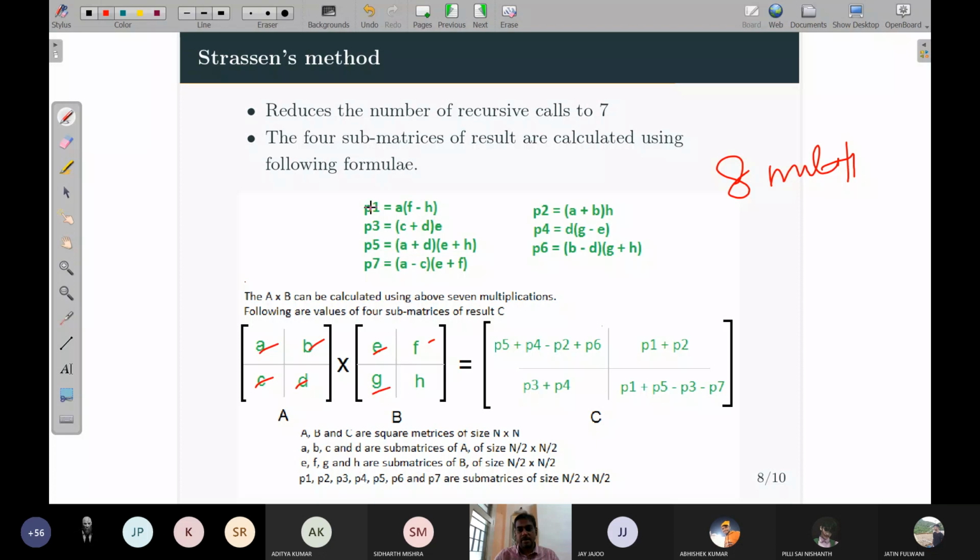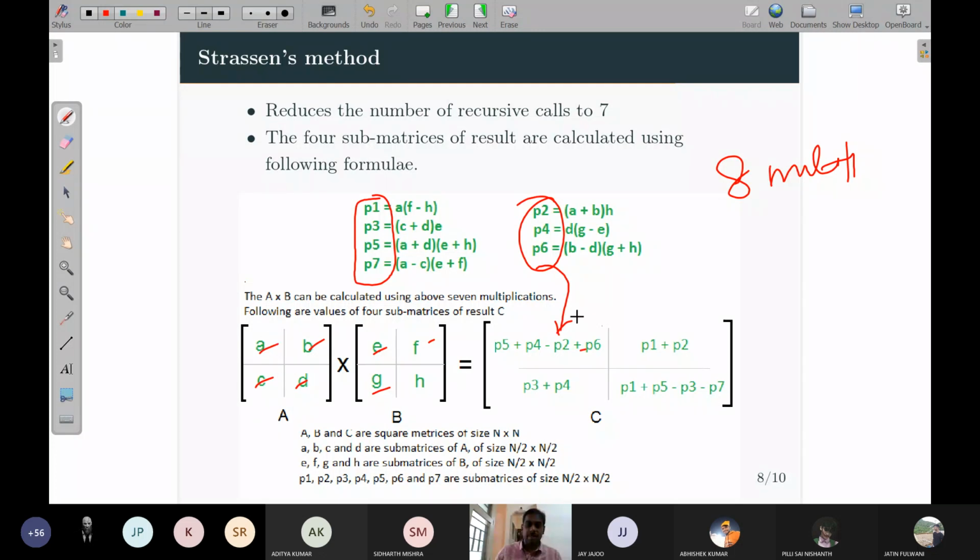That means you can compute P1 to P7, and substitute these formulas to get the C matrix. So you compute P1 to P7 using the known matrices A to H, and then substitute them here instead of our traditional divide and conquer.